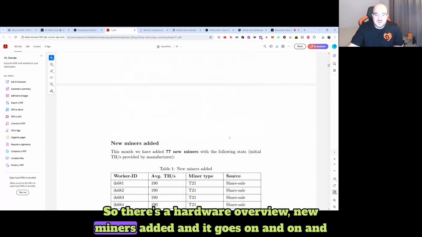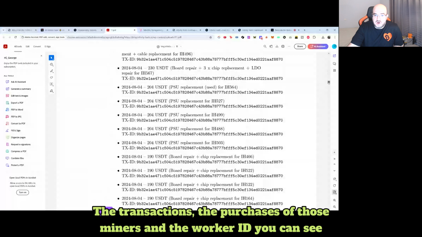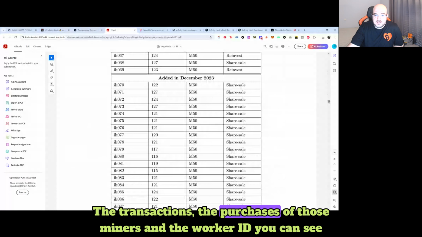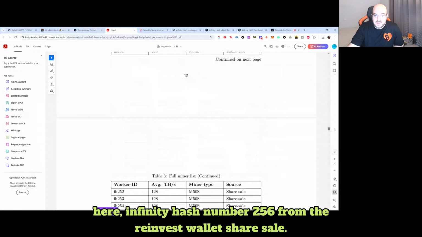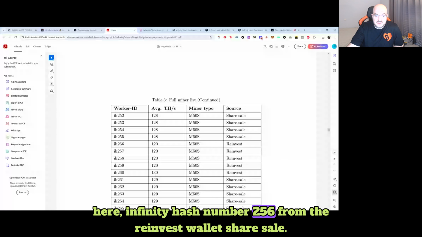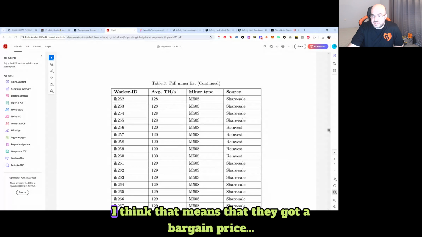So there's a hardware overview, new miners added, and it goes on and on and on. The transactions, the purchases of those miners, and the worker ID, you can see here, Infinity Hash number 256, from the Reinvest wallet, share sale. I'm not sure what that means.